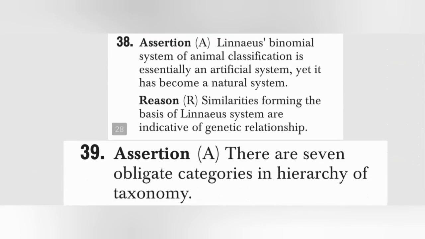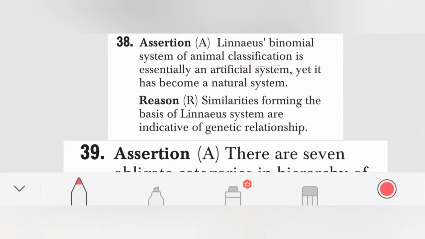The next: the linear binomial system of animal classification is essentially an artificial system, yet it has become a natural system. And the reason: similarities forming the basis of linear system are indicative of genetic relationship. Here A is correct, but R is not correct.